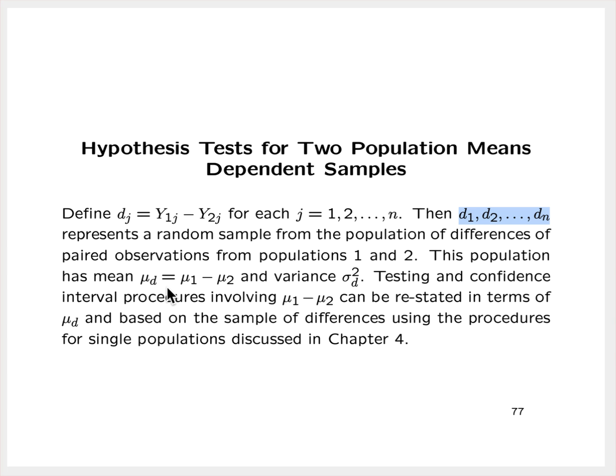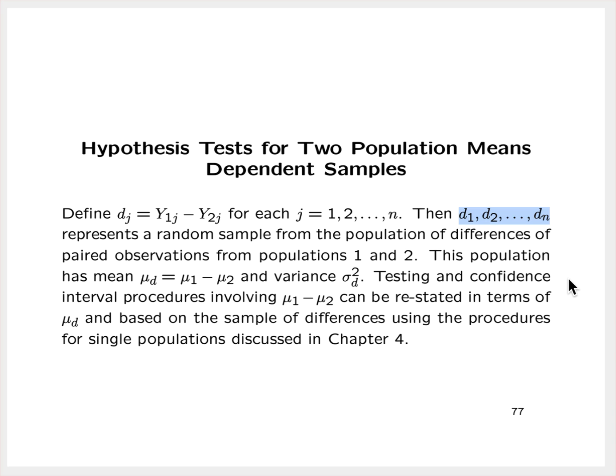Okay, so the mean of the distribution of differences, which we could denote by mu sub d, expressed in terms of mu1 and mu2 is the difference that we're used to. And we will denote the variance of the population of differences by sigma squared sub d.